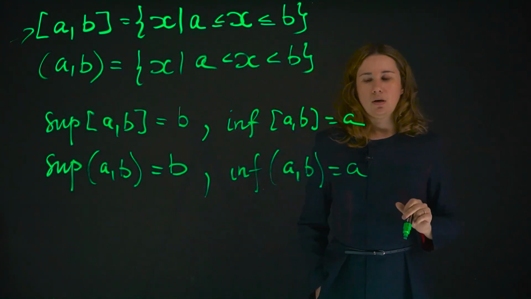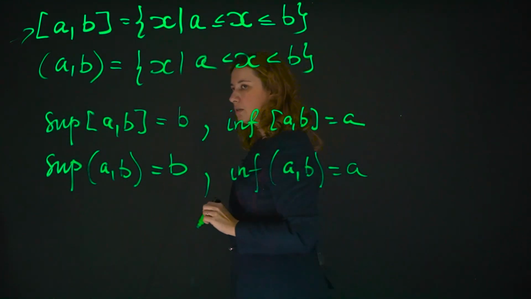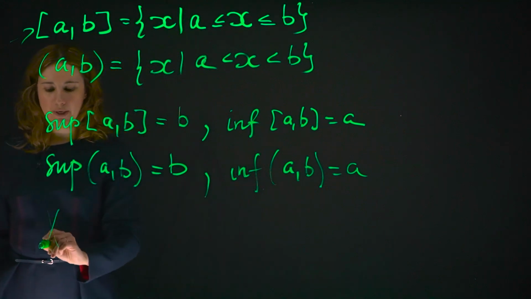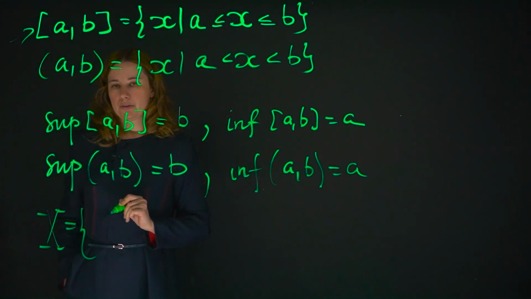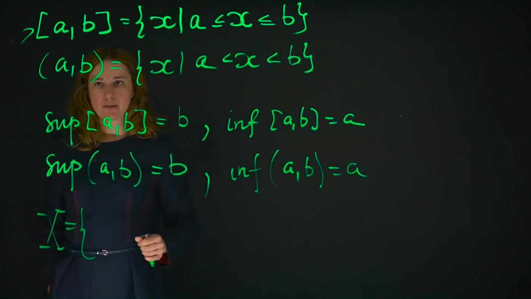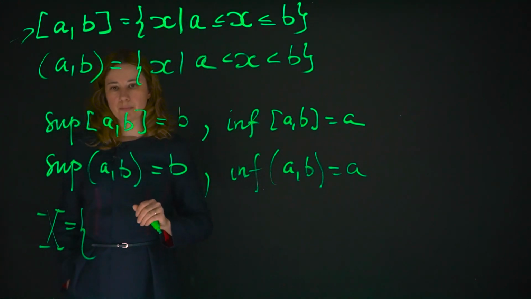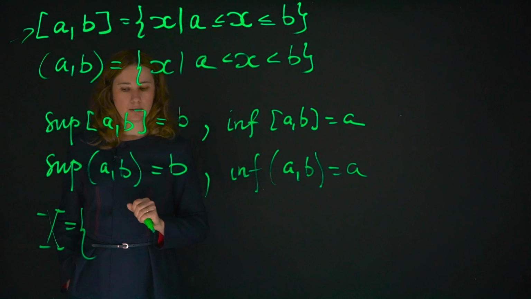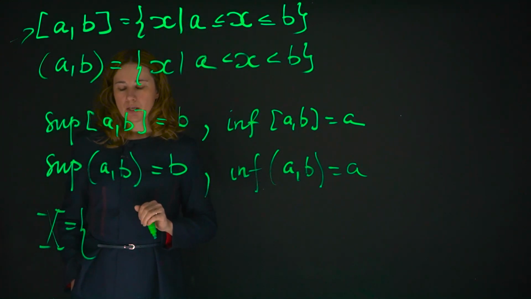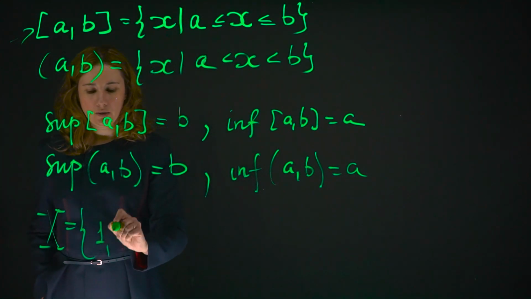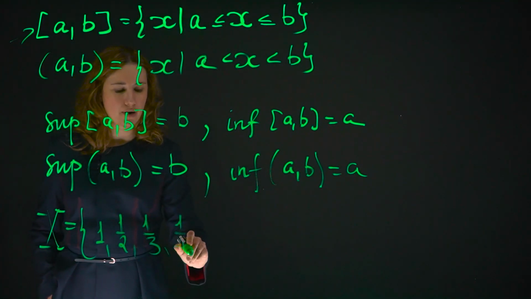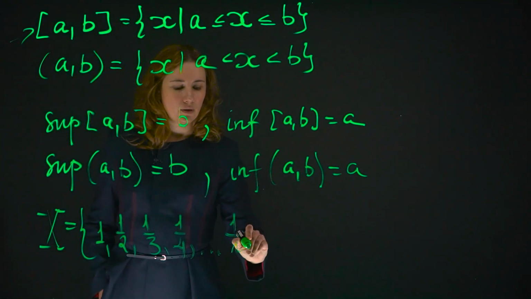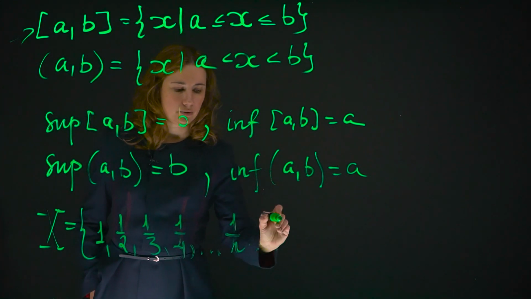Well, now, let's consider one more set, for example, capital X. Let's define this set by listing its elements: 1 over 2, 1 over 3, 1 over 4, and so on, 1 over n, and so on.